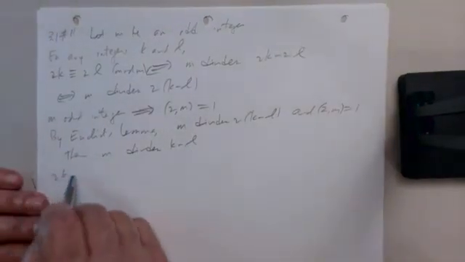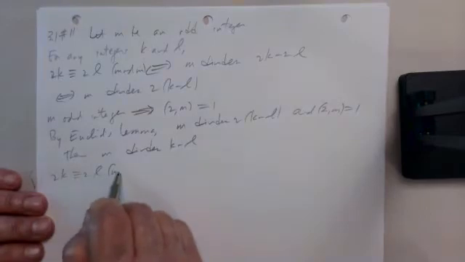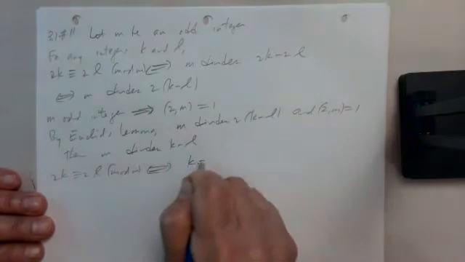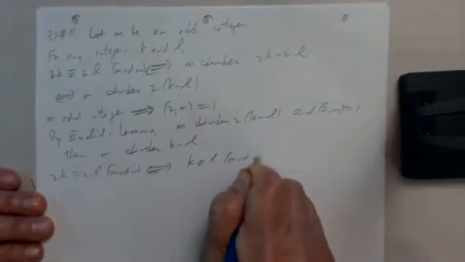So we have 2k is congruent to 2l mod m if and only if k is congruent to l mod m.